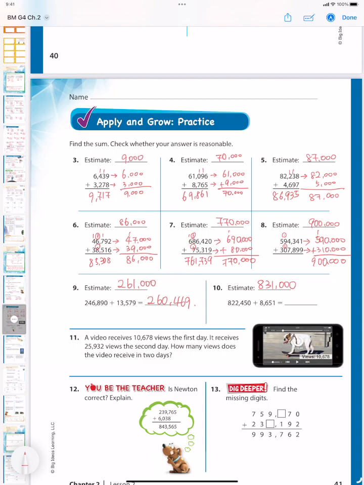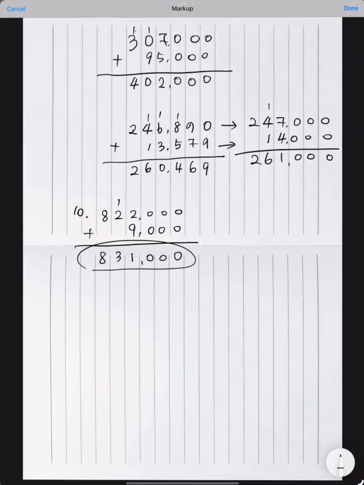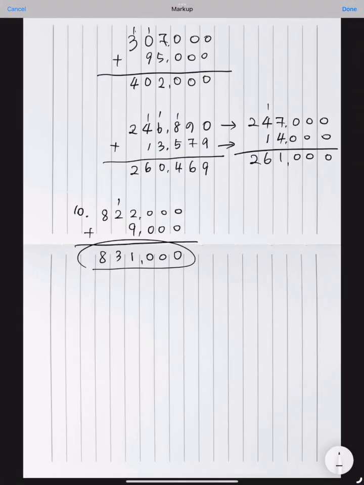Okay, now let's find out the exact sum. 822,450 plus 8,651. 0 plus 1 is 1, and 5 plus 5, 10.